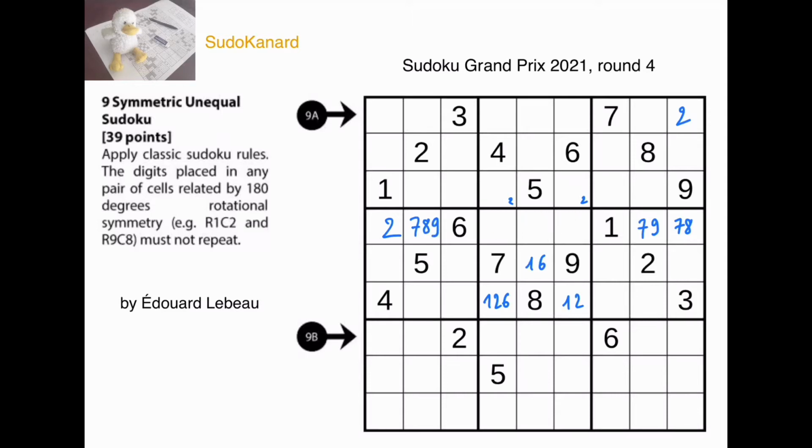And the remaining cells now must be 3, 4, and 5. So we get 3, 4, and 5 directly. 3 and 3, that's a 3. Always difficult to pronounce for a French person.